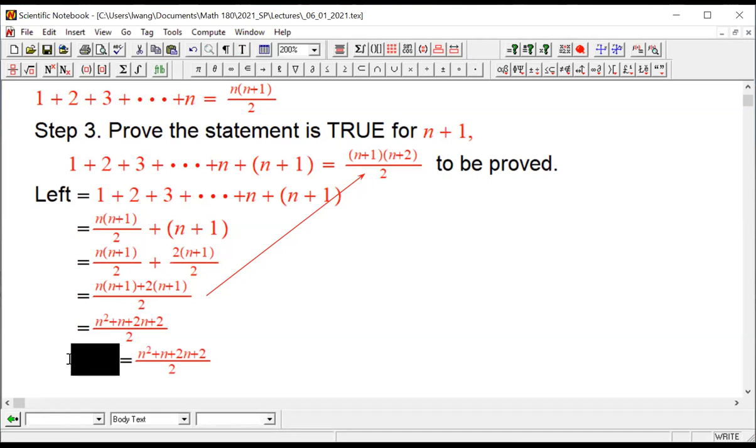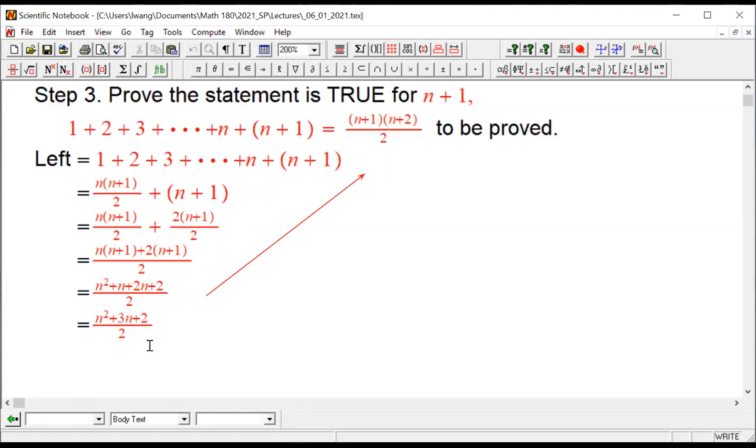Next, combine these two, we have 3n, and factor. Remember, we want to get there. We factor this, what do we get? We get n plus 1 times n plus 2.